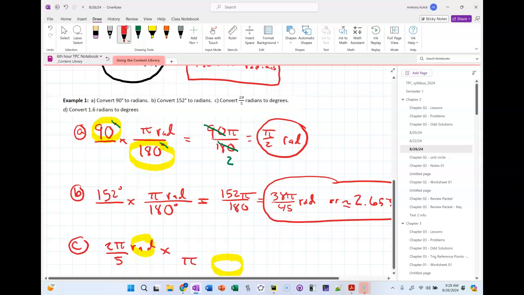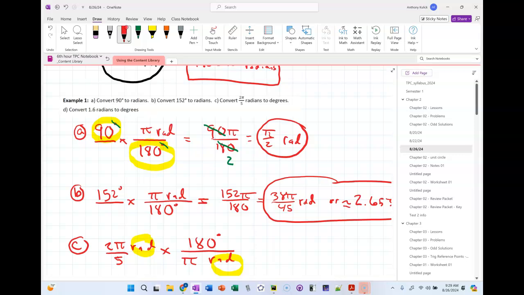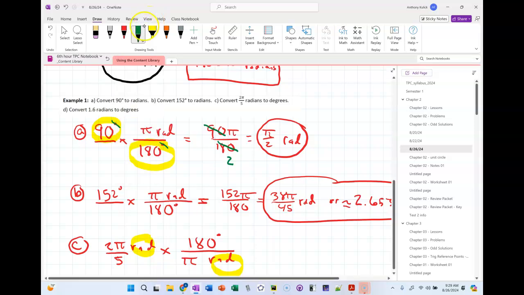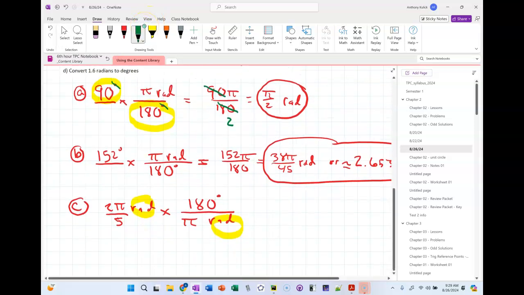So we'll have pi radians on bottom now, and 180 degrees on top. Is this feeling okay? Does it help to think about it like a chemistry thing that we're already kind of familiar with? I try to do that as much as I can if there's something I think you've already done. So the units cancel out, and we're left with just degrees.